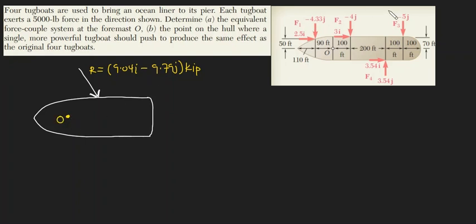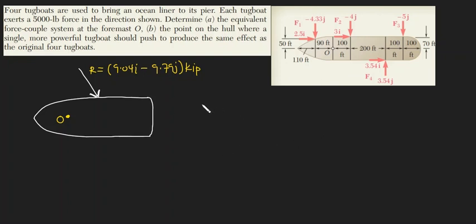So we want the effect that the force exerted by the single tugboat will have on the hull to be the same as the effect that the four tugboats had on the ocean liner. Let's look at how we are going to do this.